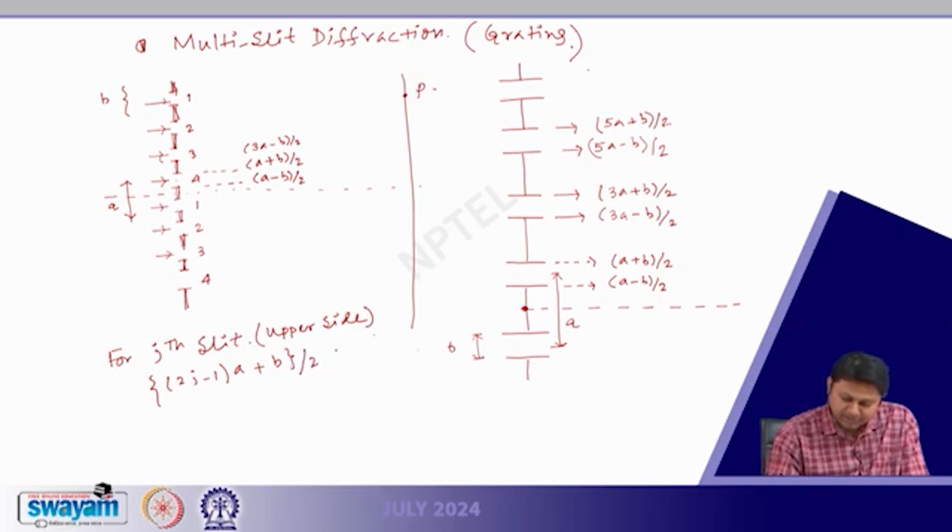This upper side means I am talking about this and lower is this. So, this is for example, first slit, this is second slit, this is third slit and so on.